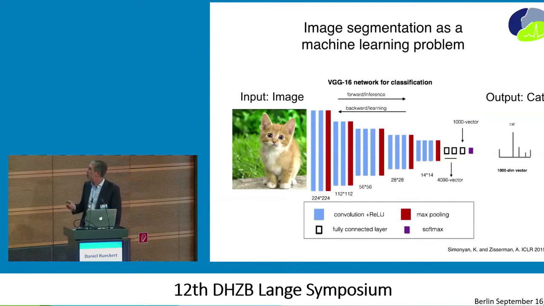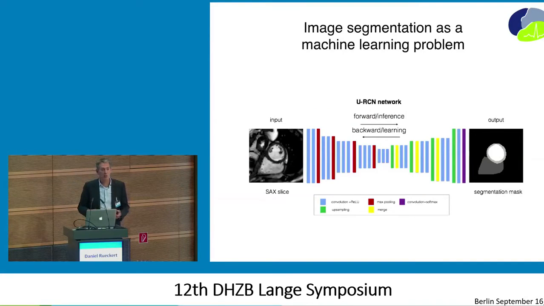And during the training, you basically penalize any error the algorithm makes in this estimation. You backpropagate it. And then when you test your new image, you do a forward pass, you're doing inference, you're going forward through your model, and you're asking the machine learning algorithm to tell you what it thinks it is. Obviously, we can do the same thing with cardiac images.